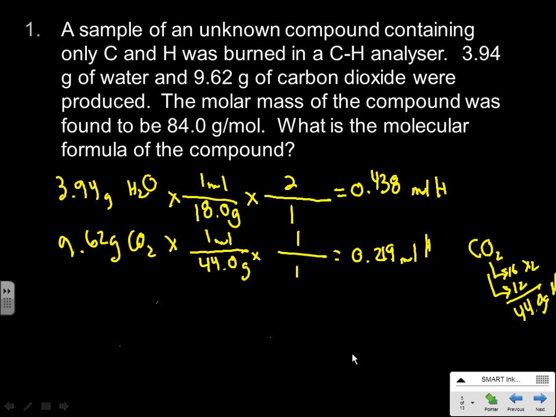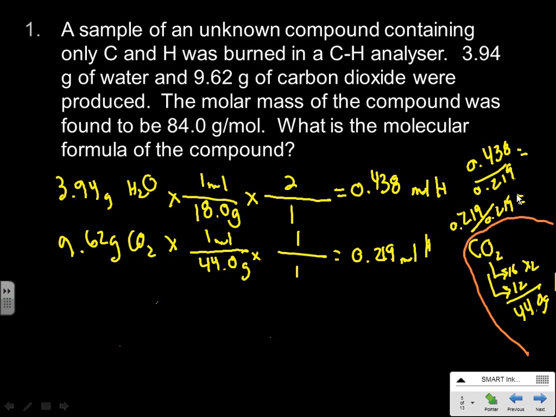So now we're at the point where we divide by the smallest number to make a whole number ratio. Here I'm going to have 0.438 divided by 0.219, and 0.219 divided by 0.219, which is equal to 1.